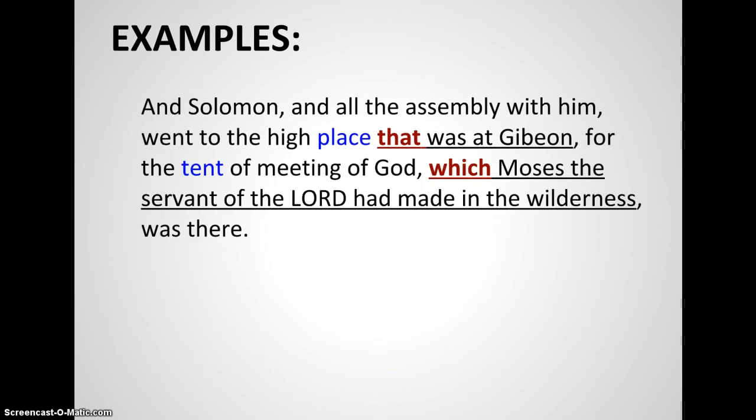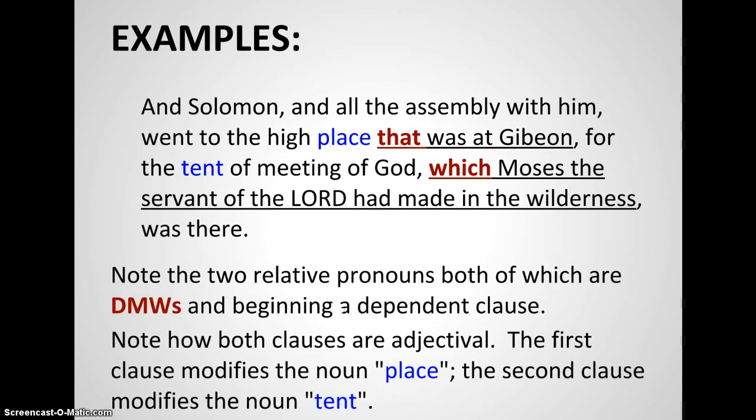So to look at some examples here we have a text of Scripture, and you'll see the underlined are both dependent clauses. Both dependent clauses are introduced by relative pronouns, and the words bold-faced in red there are relative pronouns, and they're dependent marker words, which means they're marking the beginning of a dependent clause.